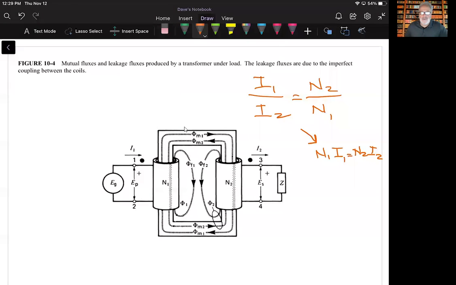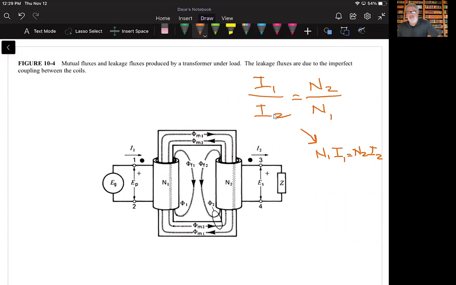Okay, the first thing that we're going to recognize is that now there is current flowing. I1 is flowing and I2 is flowing. And what we can do, we can go back to our equation that relates current to turns ratio, and it is an inverse relationship, right?